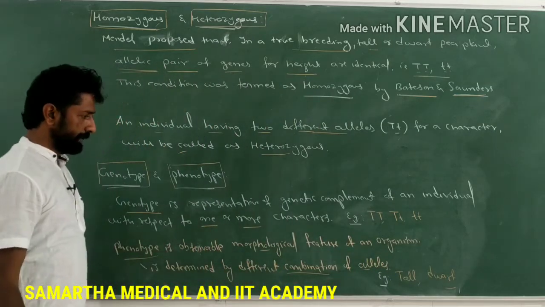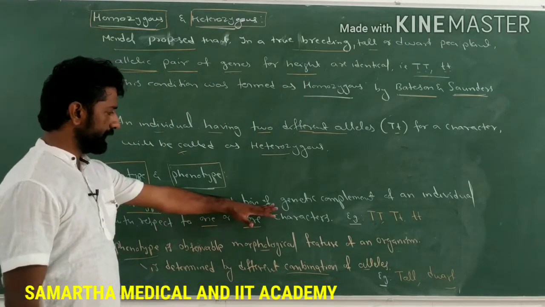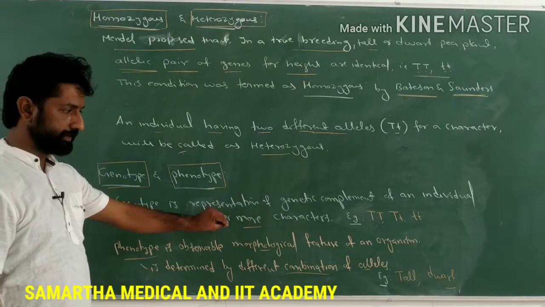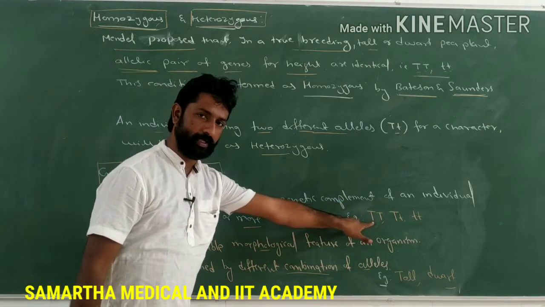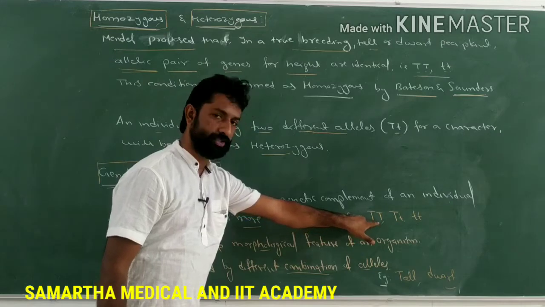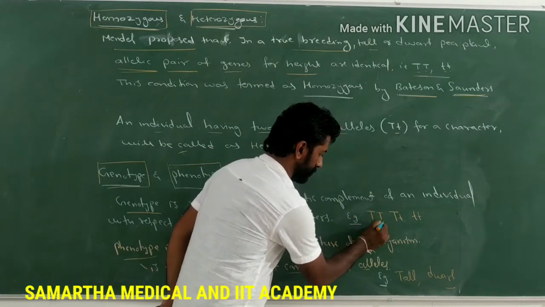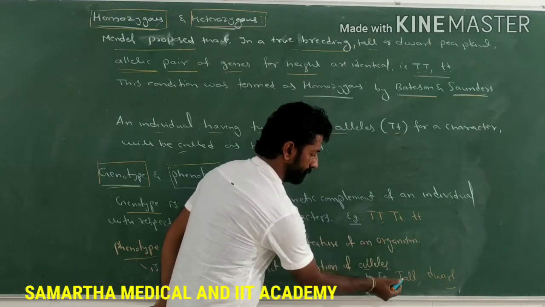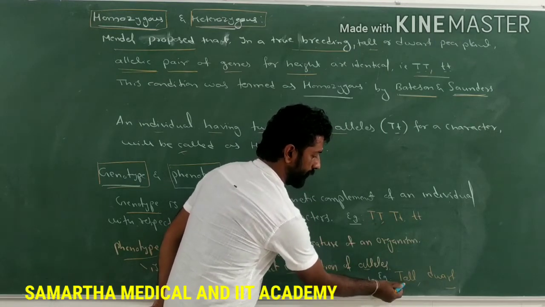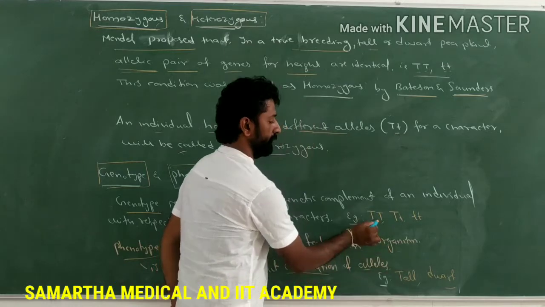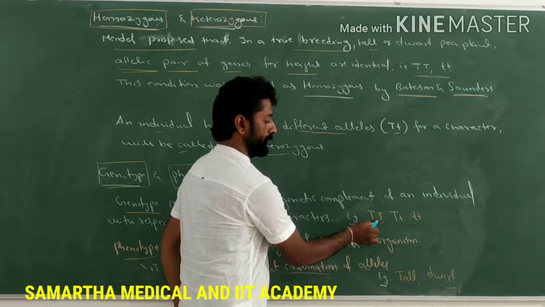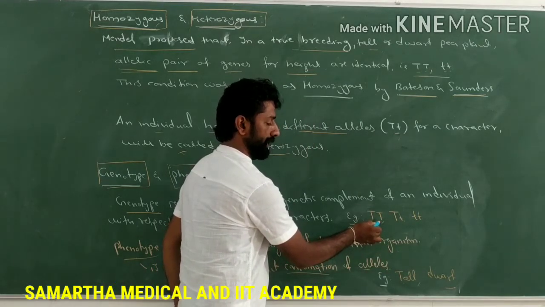So let's clearly understand this. If the genetic complement of an individual for a character is expressed in terms of allelic pairs, this representation is called genotype. If you write capital T together, it is homozygous tall. If you write it in words as tall, this is phenotype. If you represent the genetic combination or genetic complement, it is genotype.